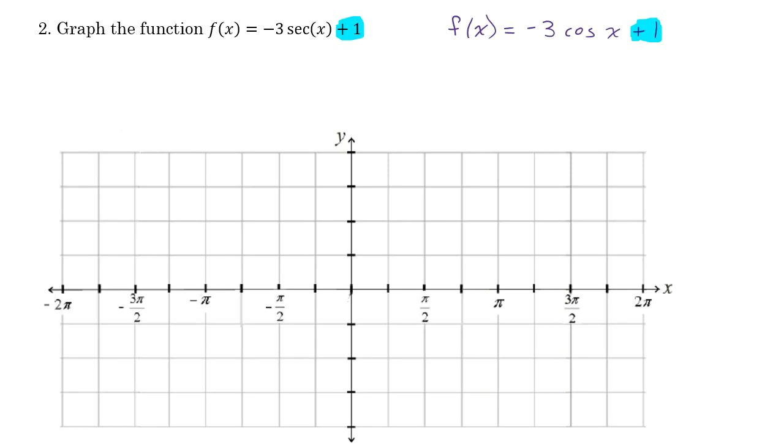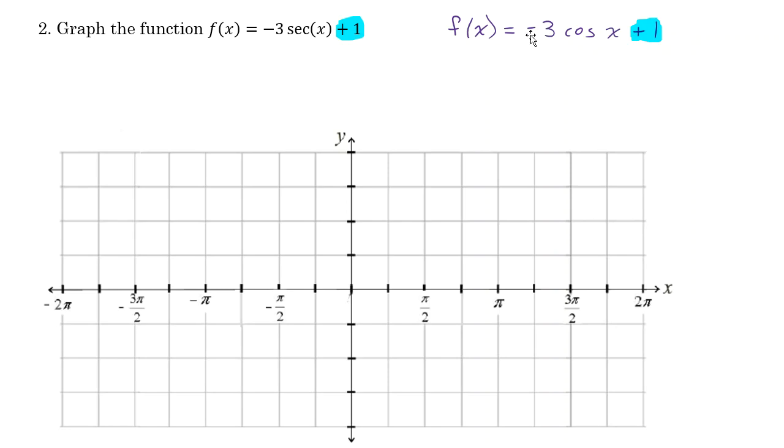All right, so cosine usually starts at 1 and then goes down and back. The period here is still 2 pi, because we don't have anything times x.